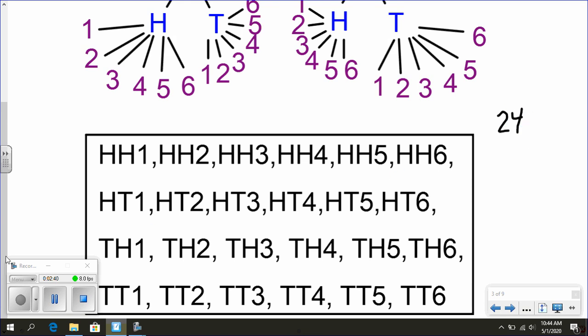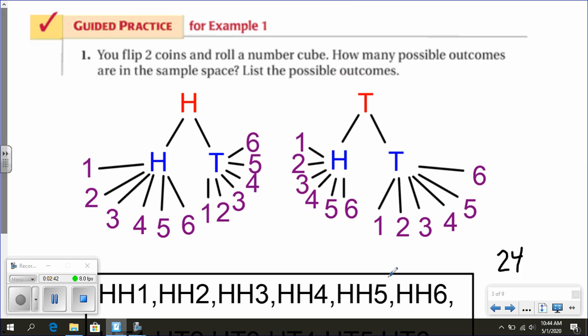And there actually is an equation to this. If you don't want to draw the tree diagram, an easy way is to say, okay, we flip a coin. How many outcomes are there? 2. All right, we flip another coin. How many outcomes are there? 2. Finally, we roll a number cube.